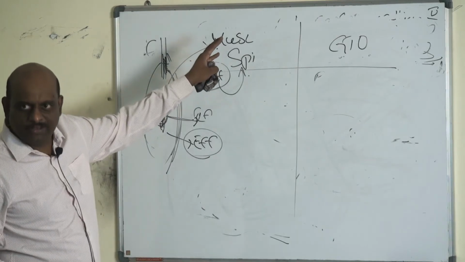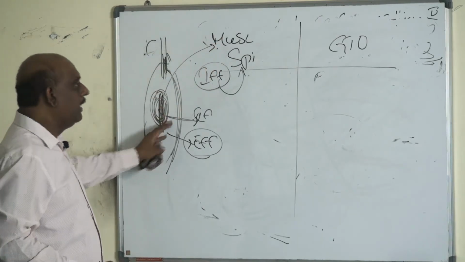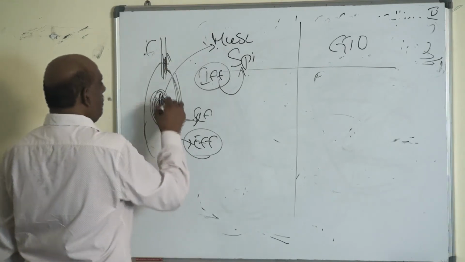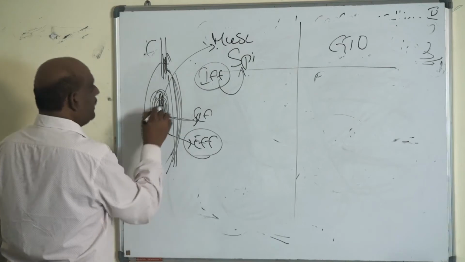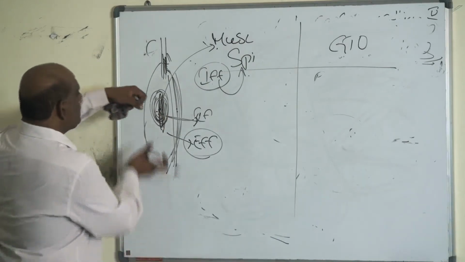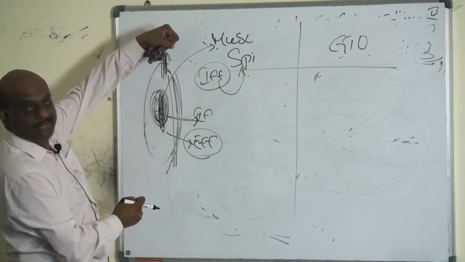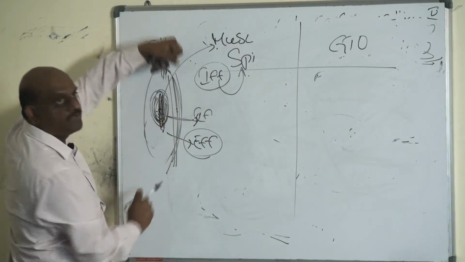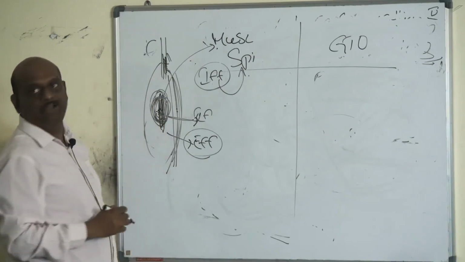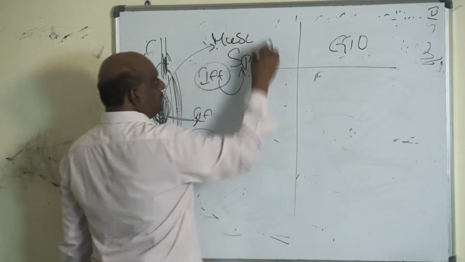Intrafusal or extrafusal? Intrafusal. Typically, they are located parallel to these extrafusal fibers. So whenever the muscle gets stretched, the extrafusal fibers are stretched, that is sensed by these intrafusal fibers called muscle spindle.